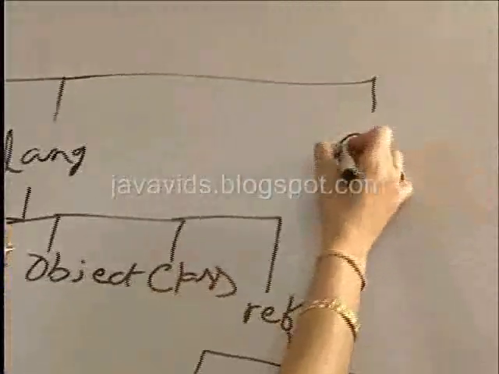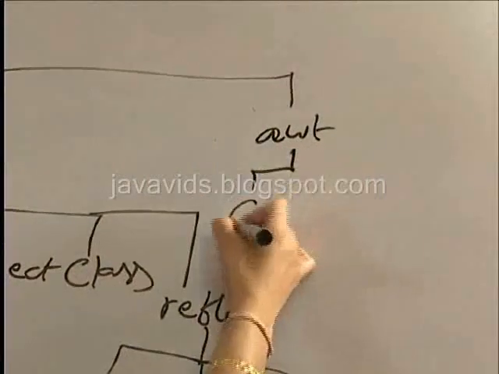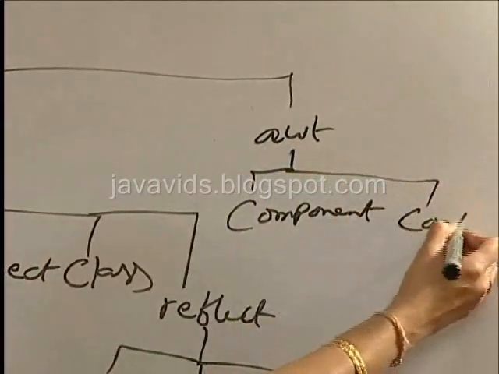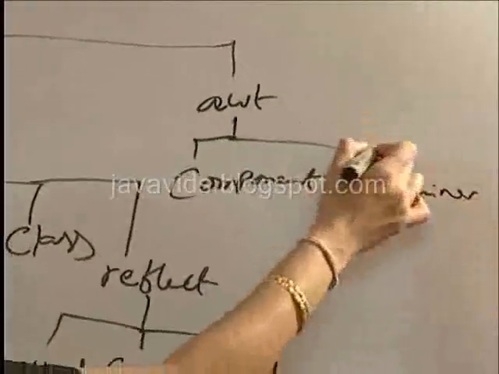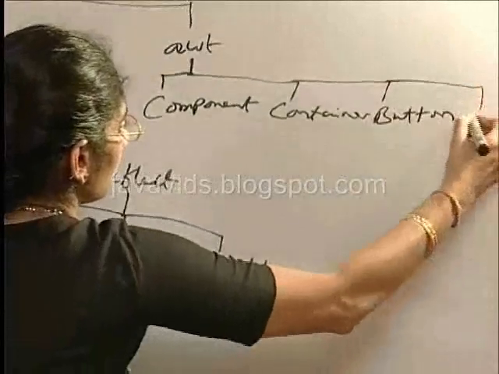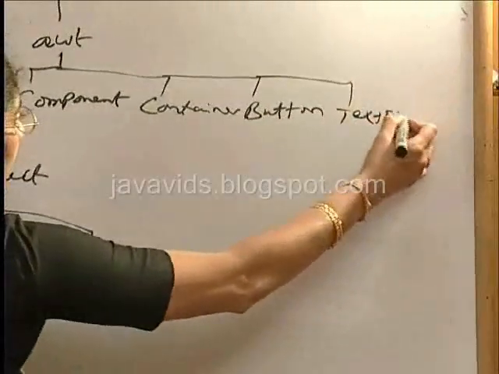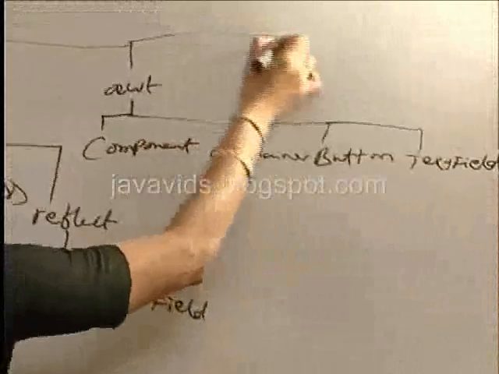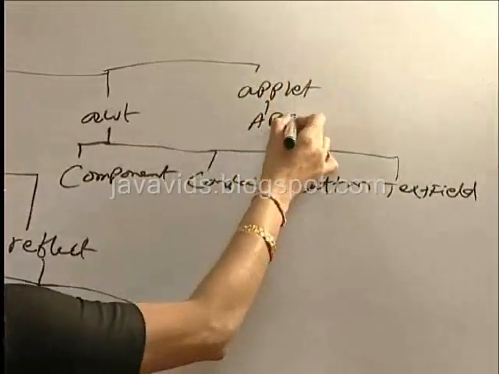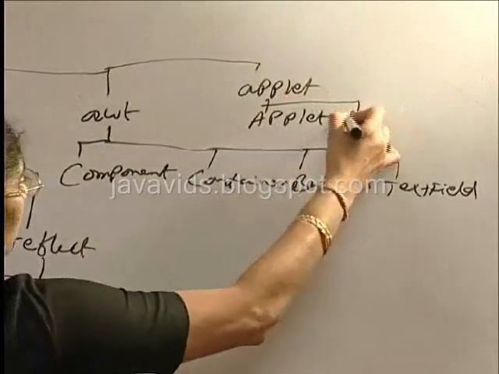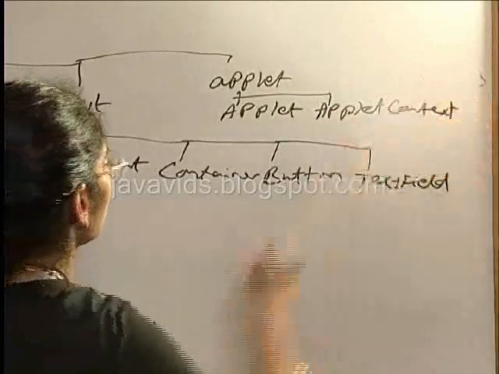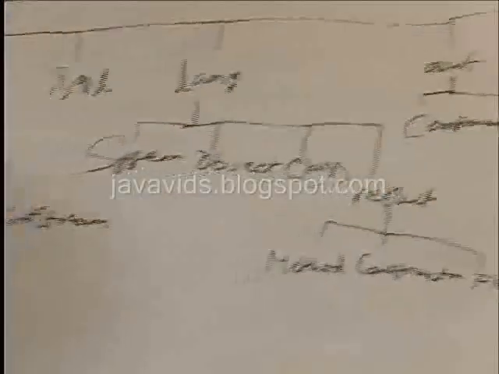For example, you have the AWT package which consists of component, class, container, button, text field, etc. You have the applet package which consists of the applet class, applet context interface, and so on and so forth.